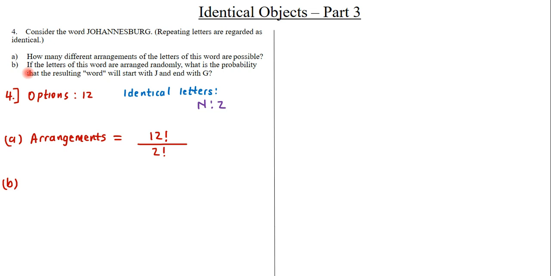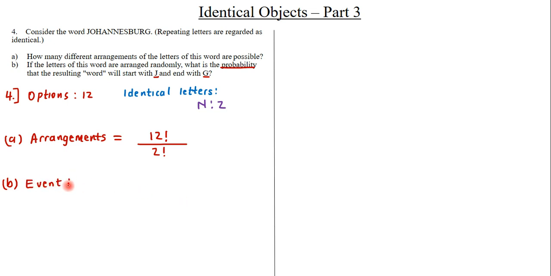The second question says, if the letters of this word are arranged randomly, what is the probability that the resulting word will start with J and end with G? So we're looking for the probability that the word will start with J and end with G. This means we're going to have to do our event.